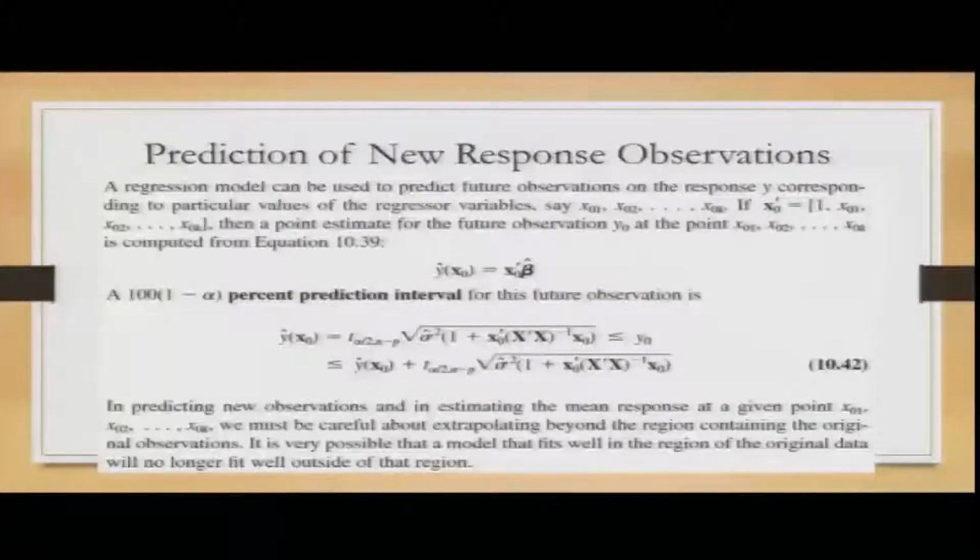So, if you want to predict a 100 times 1 minus alpha percent prediction interval, where 1 minus alpha is the level of confidence, for this future observation, you can find that it will be for y naught. Y naught, without the hat, is y suffix n plus 1 reading.